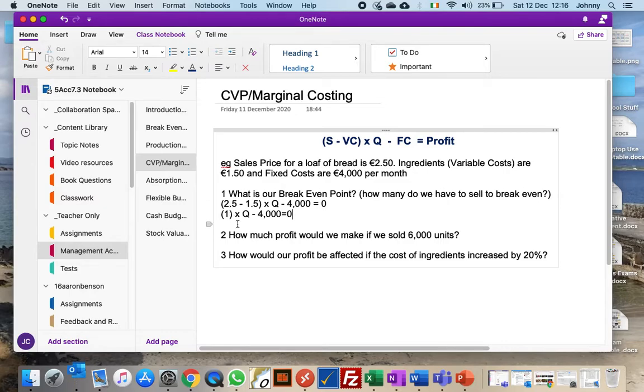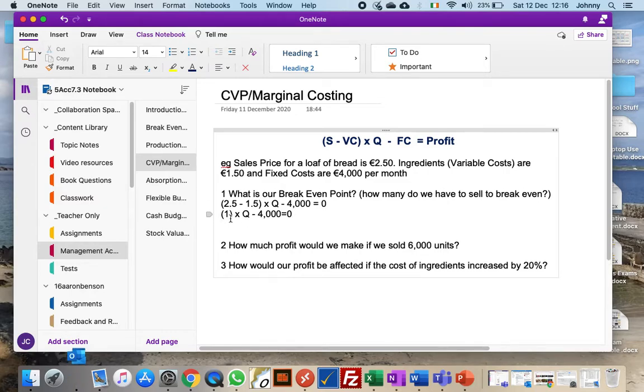So just messing with our numbers here, Q minus 4,000 equals 0. So Q, bring the 4,000 over to the other side of the equal sign, Q equals 4,000. And Q, remember, is quantity and units, so we have to label this as units.